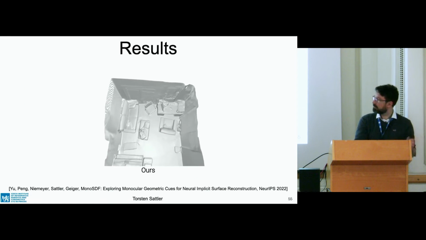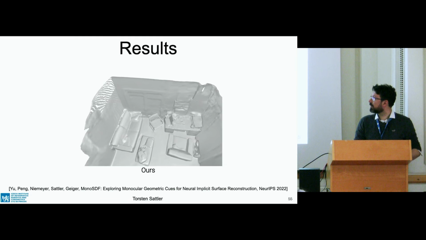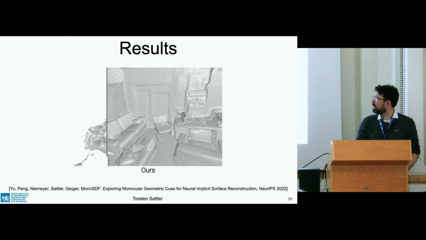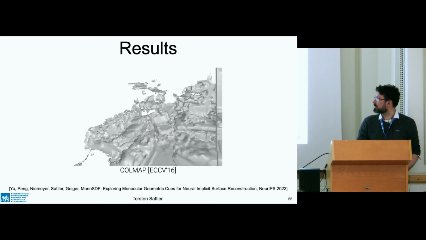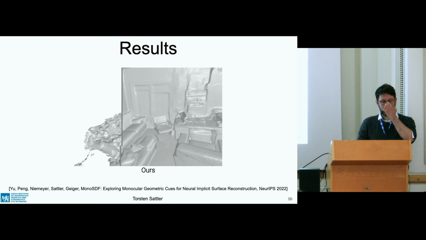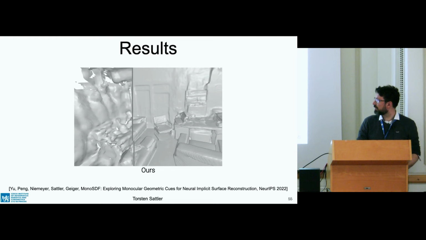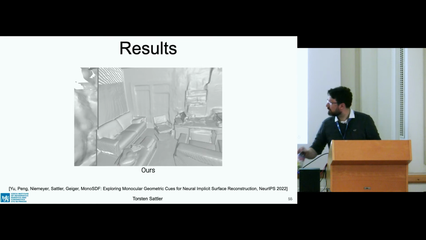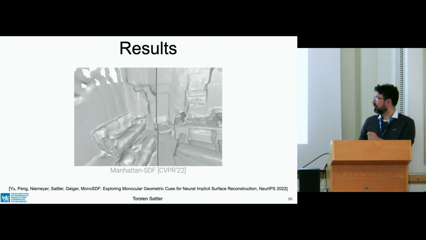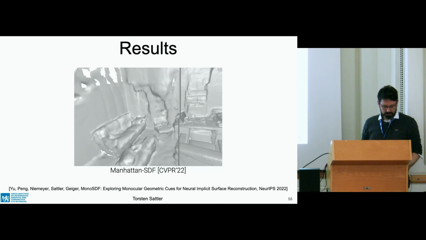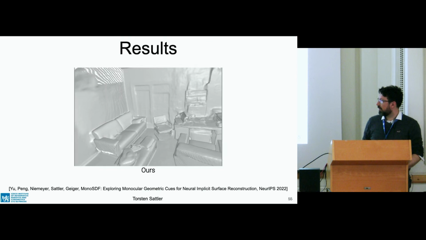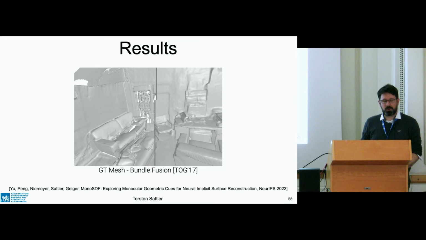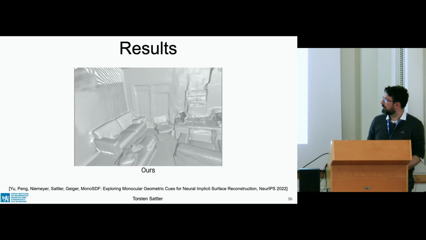So here are some results showing what we reconstruct in the scene. This is the same number of images versus what a standard classical multi-view stereo pipeline, which uses no learning, would get, versus what this VolSDF method that I explained before gets, versus what another approach that trains a neural volumetric representation but also tries to reason about orthogonal surfaces or planes.